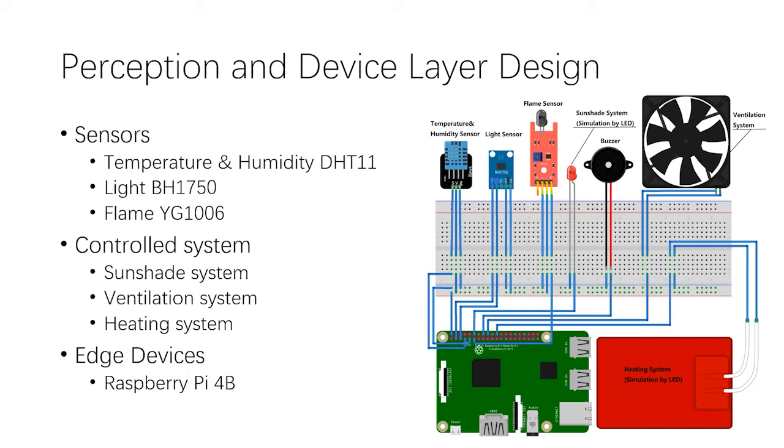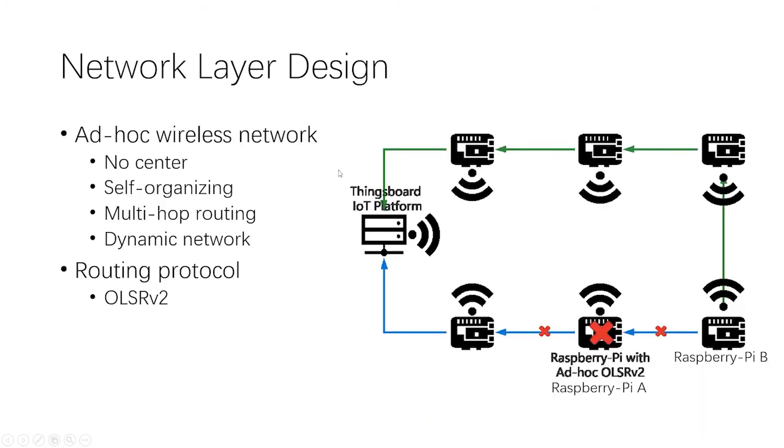And next, in our network layer, we use the ad hoc network to build our system communication. The ad hoc has no center, and it can self-organize and has multi-hop routing, and it can build a dynamic network.